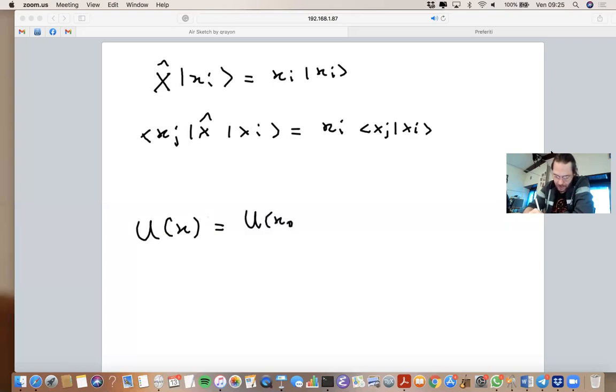So given a point x naught, I'm working here in one dimension for simplicity. That's the first order. Then you have a second order.